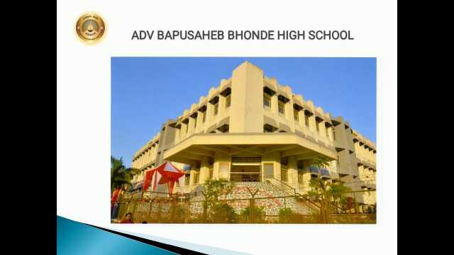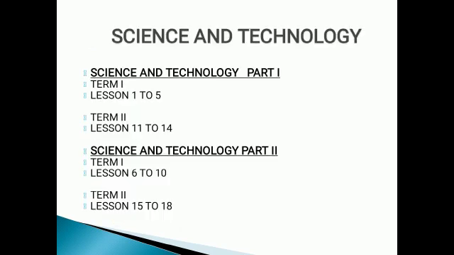Till last year, that is 8th standard, you had a science exam for 100 marks. Now, from standard 9th, science is divided into two parts: Science and Technology Part 1.